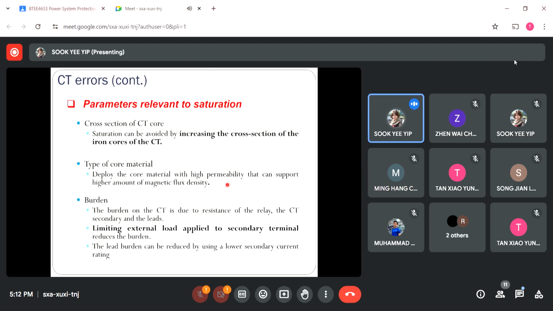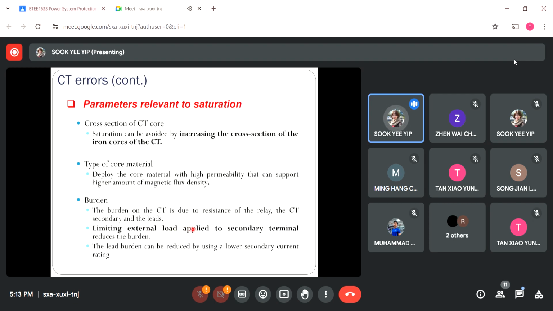Okay, and the other way here is what we always keep on mentioning. We want to reduce the burdens at the secondary side. The burdens here will be the resistance coming from the relay or the connecting leads, as well as the internal winding resistance. So usually we limit the external load connected at the secondary side of the current transformer.